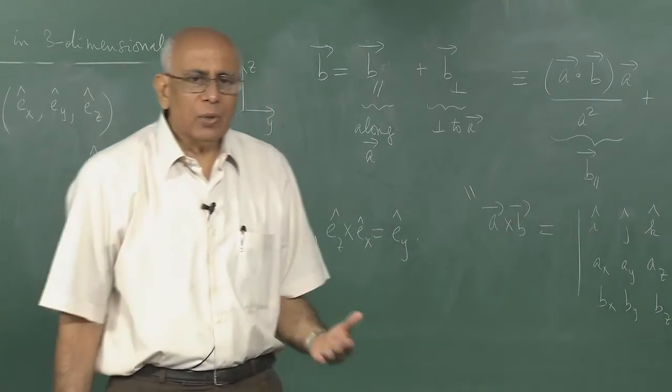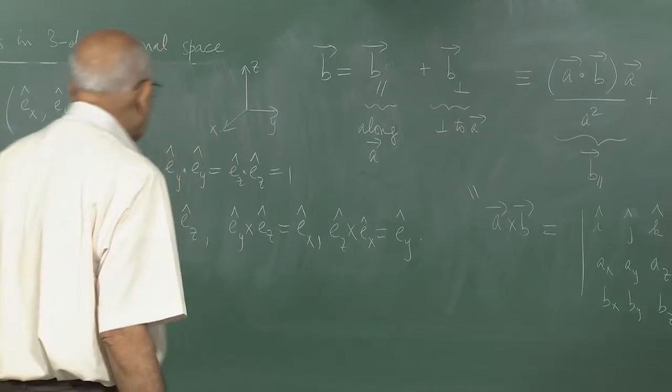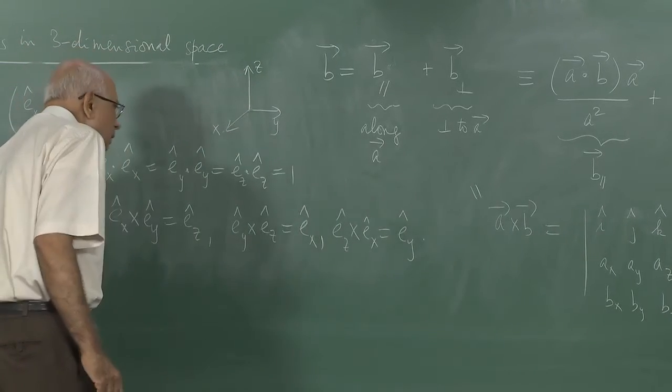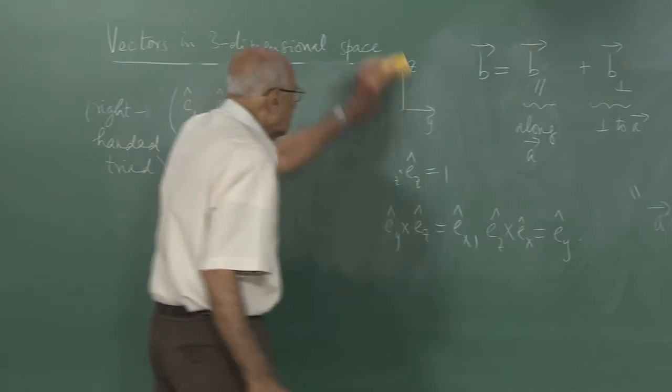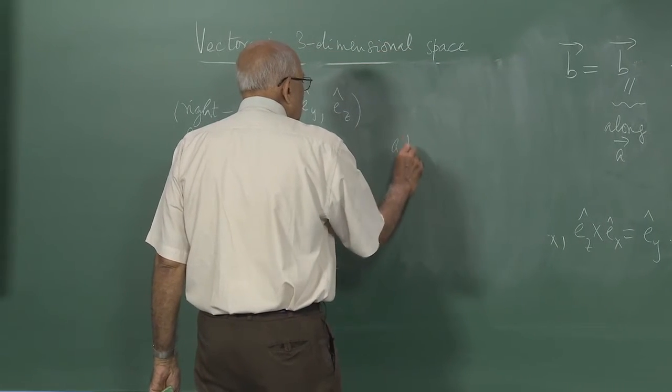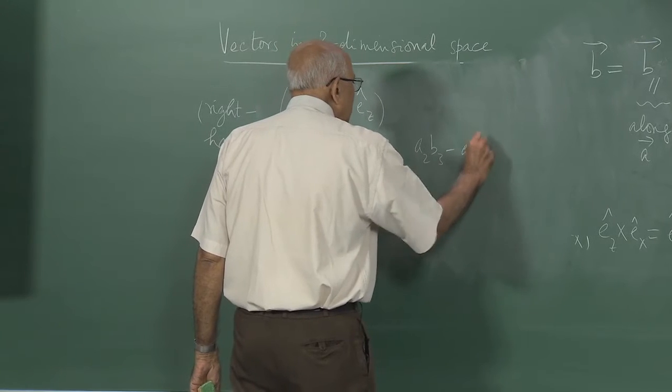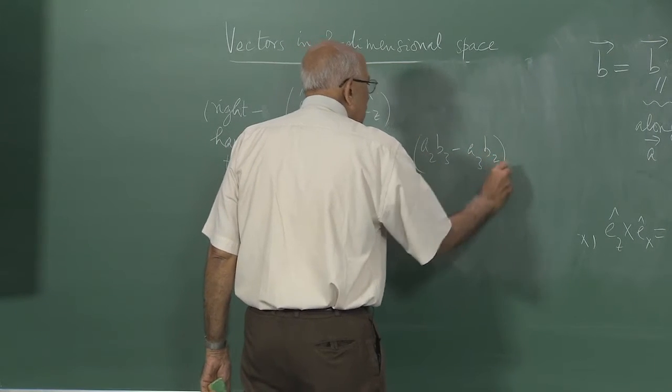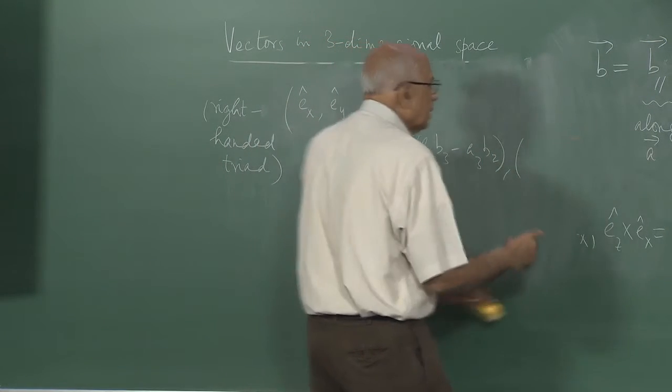It is easy enough to write down what the cross product is, because I know that if I have 2 vectors A and B, then the x component of the cross product is A2B3 minus A3B2, and then it is cyclic permutations of 1, 2, 3.